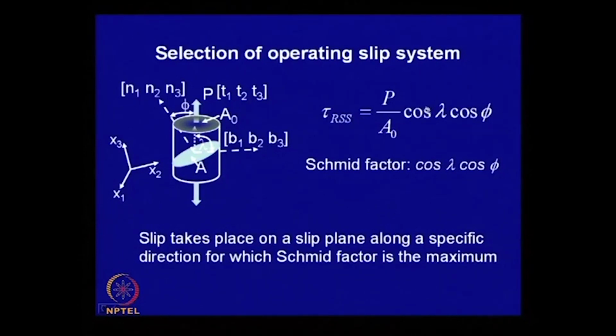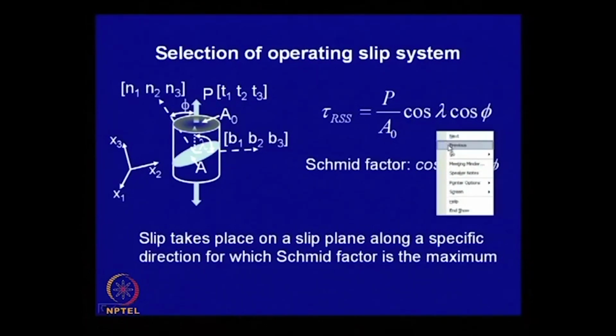Obviously, P and A naught are constant while P keeps changing. Depending on its magnitude, the resolved shear stress will have different values on different slip systems. The one which has the maximum value of cos lambda cos phi, the Schmid factor, is the one on which slip takes place first, and it will continue to slip on the same slip system.